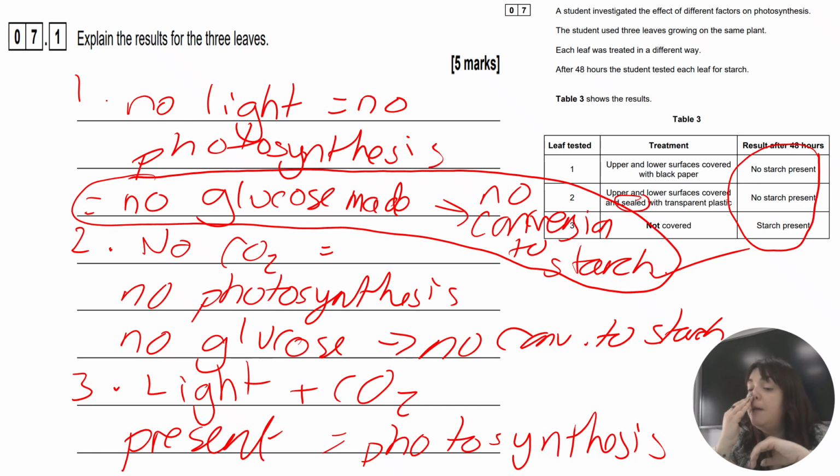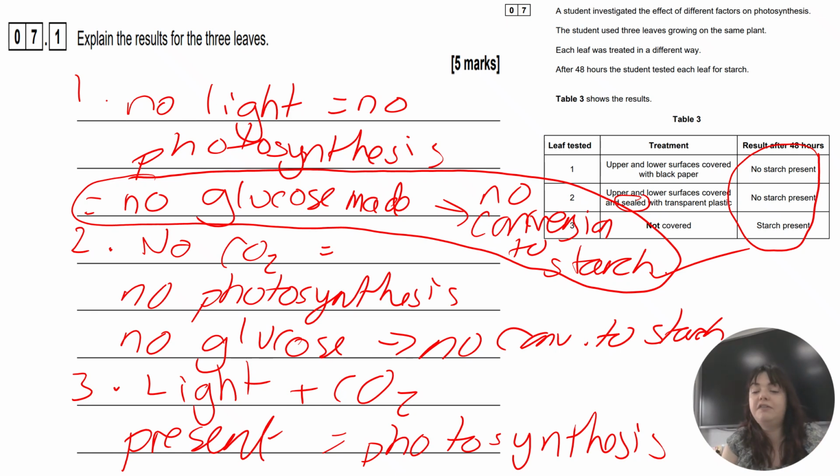So, you have to make sure that you are linking the ability for a plant to photosynthesize with whether starch is present or not, okay? However, now you might have said for leaf 3, if you have said it can photosynthesize, so it can make glucose and can be converted to starch for storage, you have all 5 marks, okay?